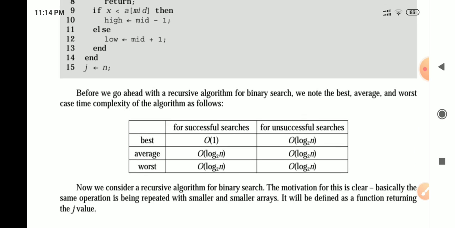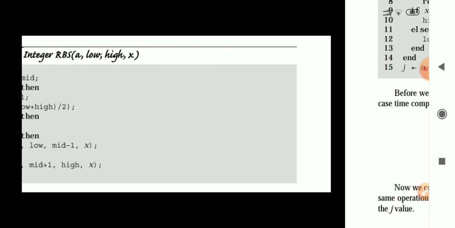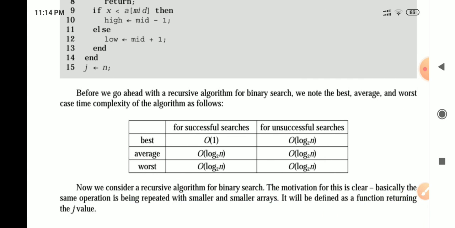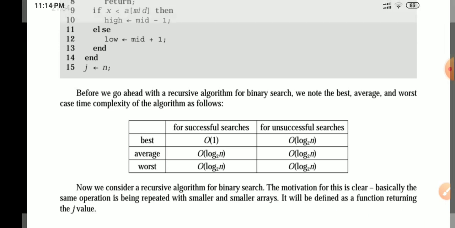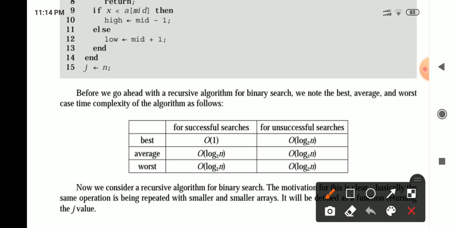The complexity of that algorithm is given as the best case, average case and worst case. Best case is big O of 1, because in a single search we get the actual value.